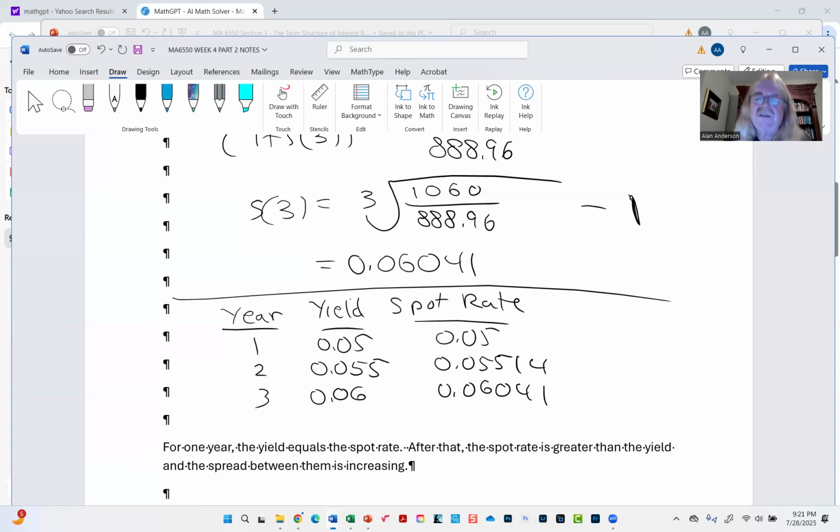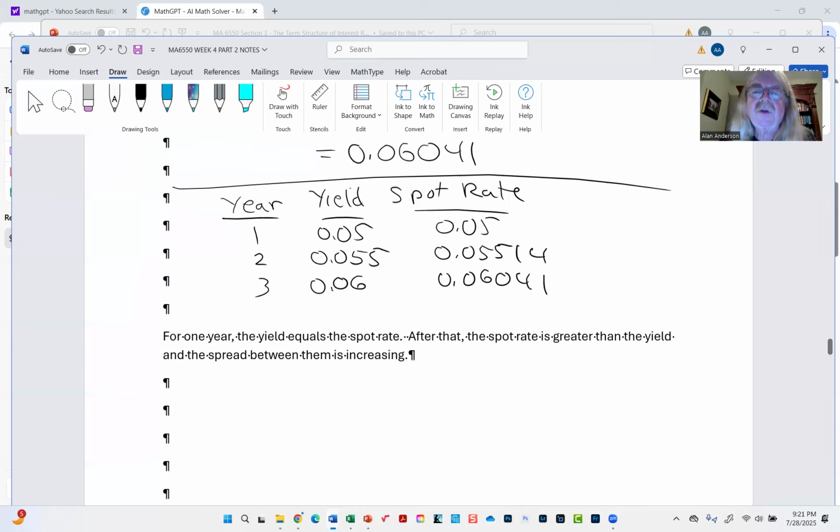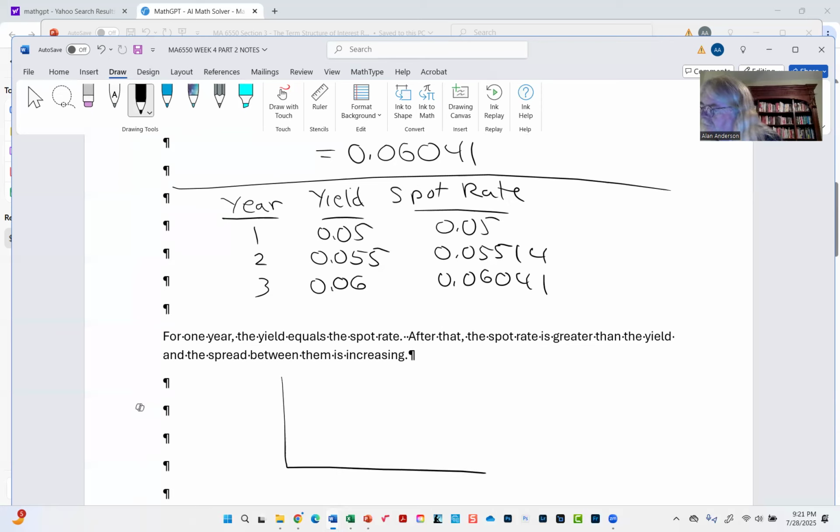So it's not so obvious here, but if you were to take the yield curve from the market, and this is your yield curve, the spot curve will look something like this.